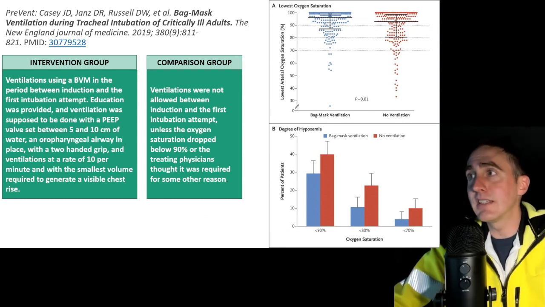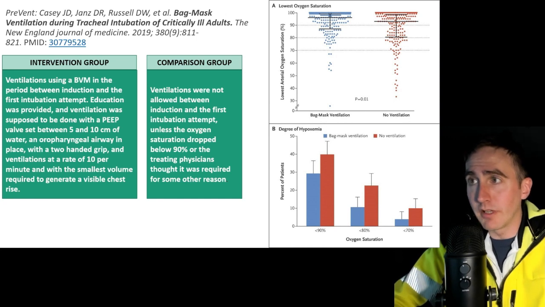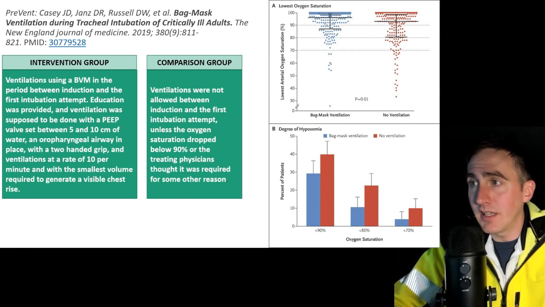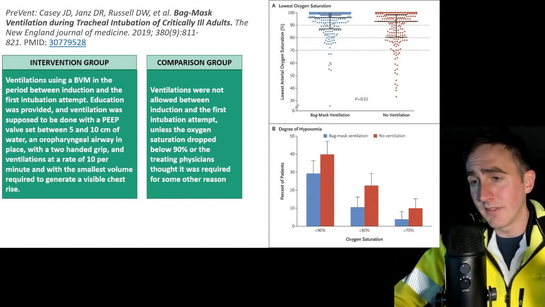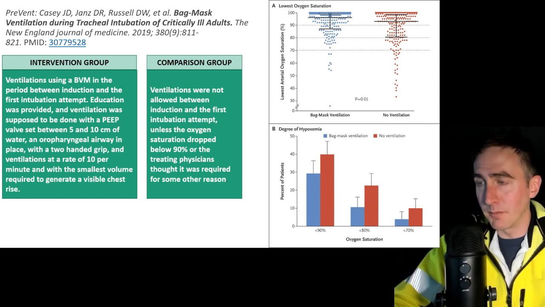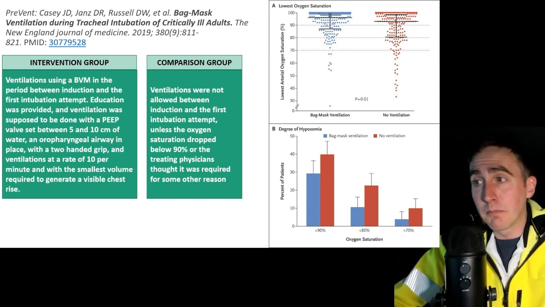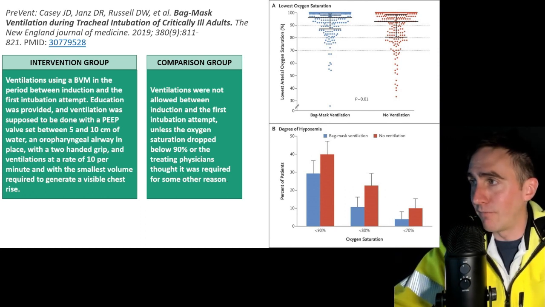So here was a case of bag valve mask ventilation during tracheal intubation. In the intervention group, they used a BVM between induction, when they administered the sedative, and the first intubation attempt. They provided education. They used a PEEP valve, OPA, two-handed grip, and a ventilation rate of 10 per minute with only enough tidal volume to make the chest rise and fall.